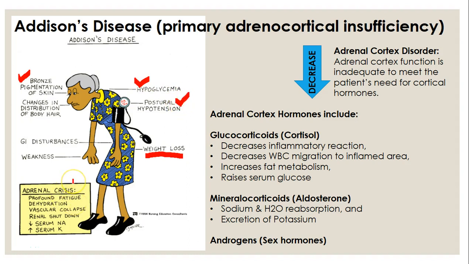An adrenal crisis, which is the extreme form, you're going to see profound fatigue, dehydration, and a decrease in serum sodium and an increase in serum potassium. And basically, your renal system starts to shut down. We won't talk too much about an adrenal crisis, but know that that is the extreme form of Addison's.